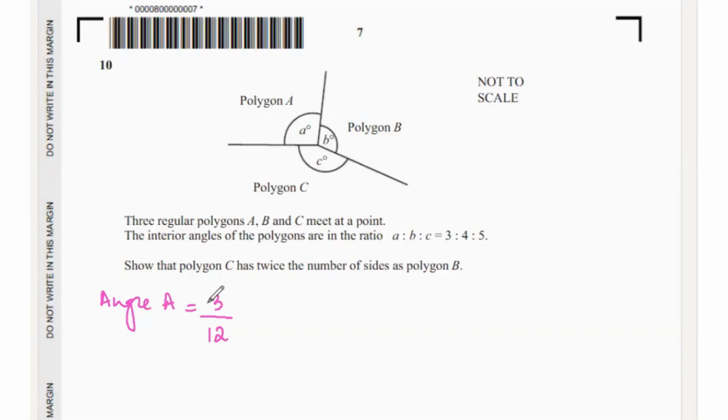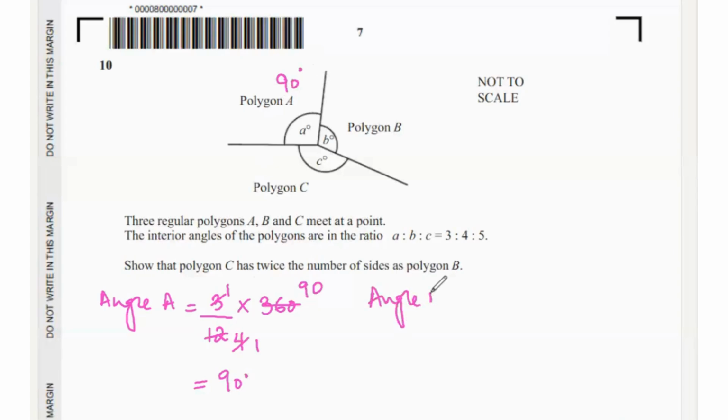So 3 plus 4 plus 5, which is 12. Now we'll multiply this fraction by 360 because all of the angles add up to 360 at this point. So 3 ones are 3, 3 fours are 12, 4 ones are 4, and 4 times 90 is 360. So 90 degrees is for A.